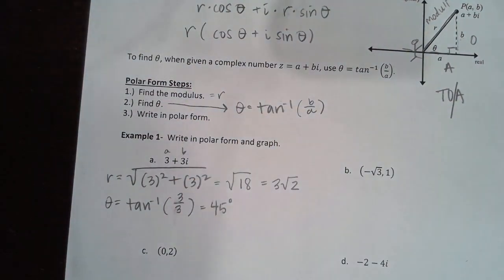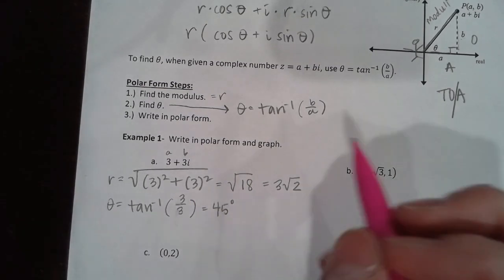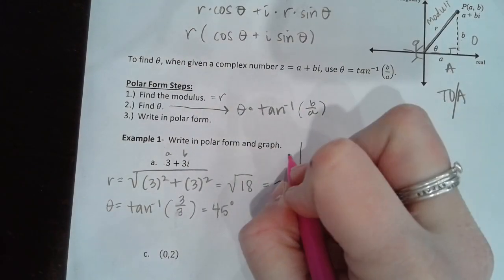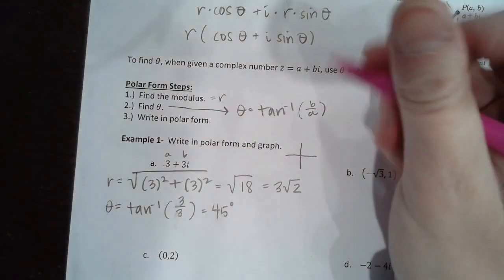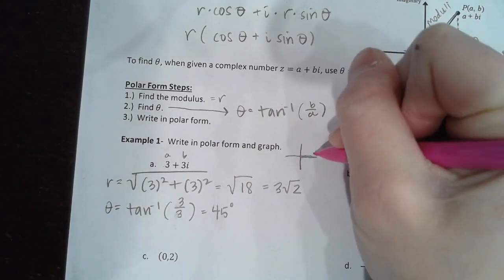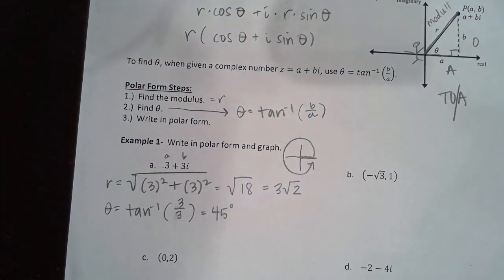Okay, all right, so now this is where you have to use some critical thinking. If I were to graph this one, I have my coordinate plane, which we're going to think about as a unit circle. So if I start on this axis and then I spin around and I get back here, then that's 360 degrees, right?